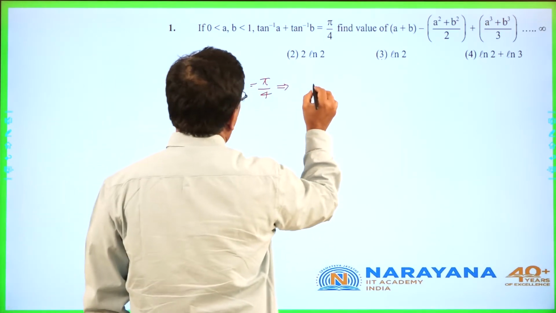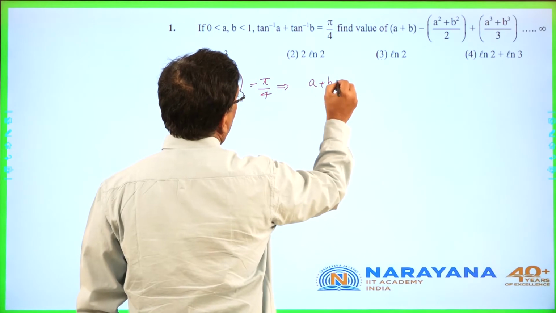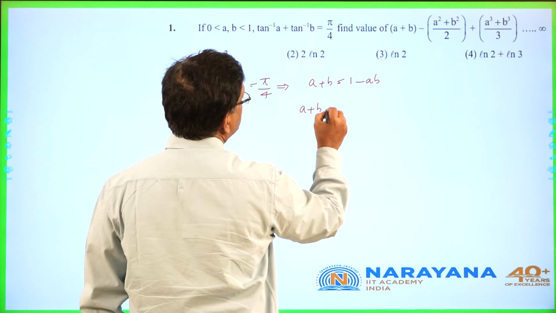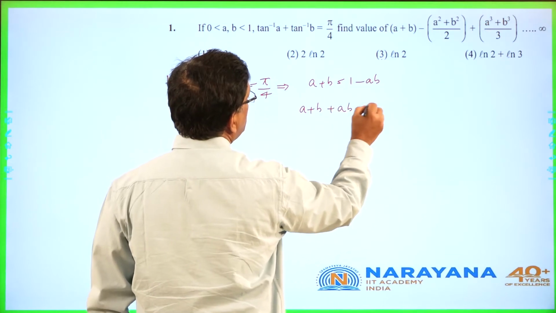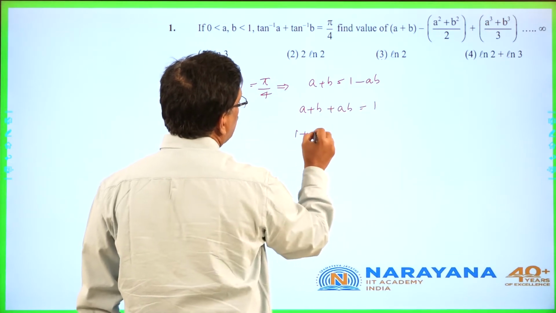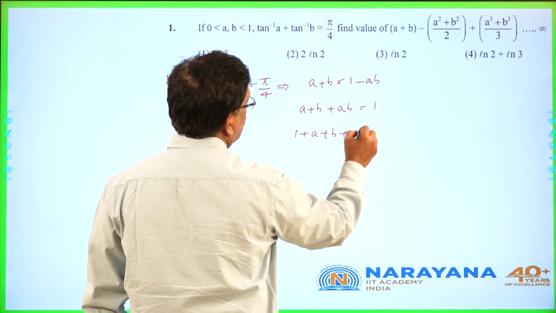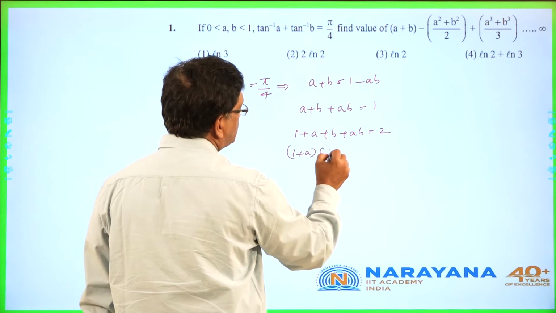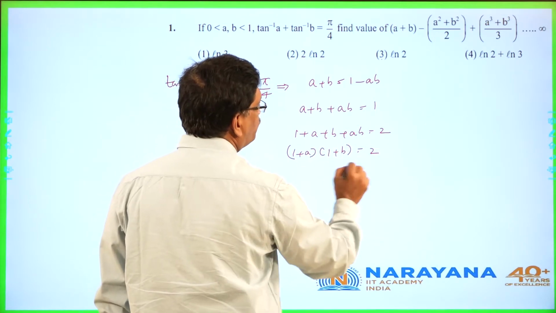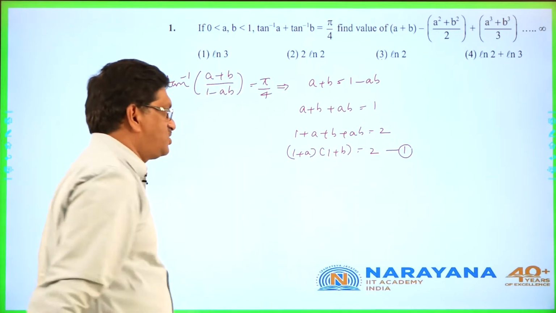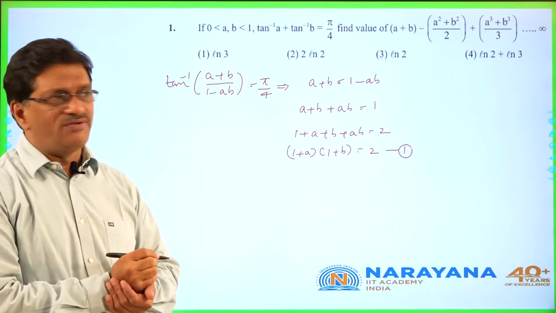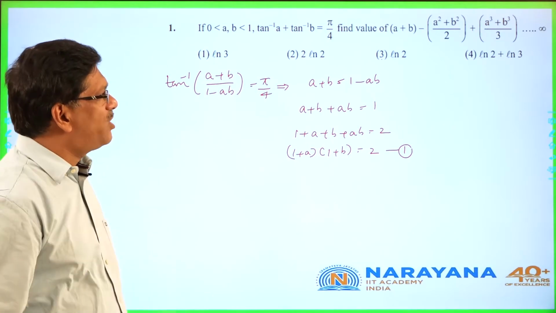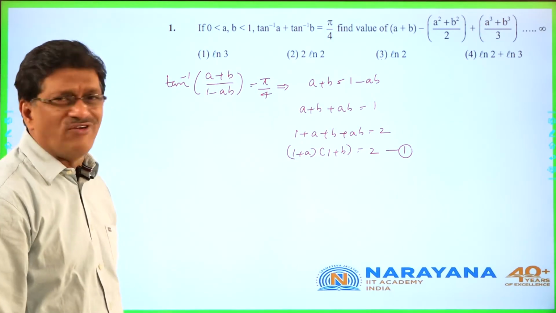So when you send tan inverse to the other side, A plus B equals 1 minus AB, that is A plus B plus AB equals 1. Add 1 on both sides. We can express it as a product of two factors like this. So this is the information given. From this one, we have to find A plus B minus (A square plus B square) by 2, and so on up to an infinite series.